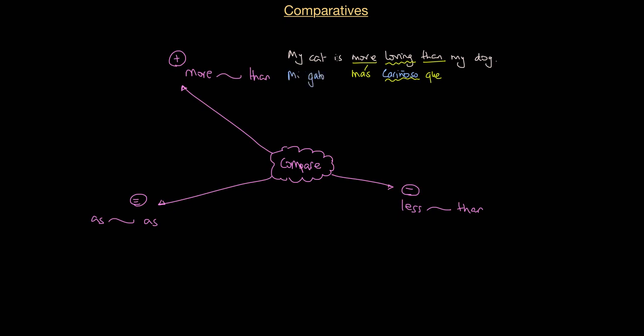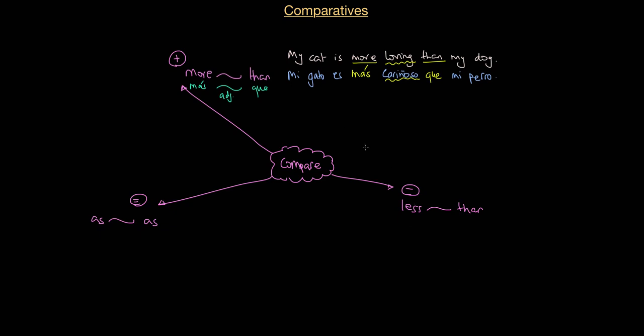Mi gato es más cariñoso que mi perro. Okay? So we've got it here. More than in Spanish is más que. With this line, I'm representing the adjective. Okay, more than, más que.